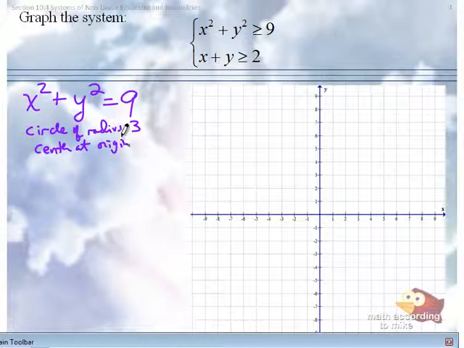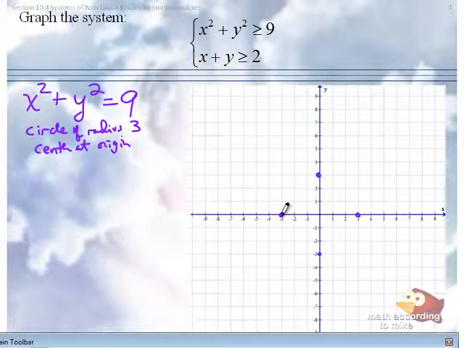At the origin. So that means if you were at the origin and you moved up, down, left, right 3 units, you'd be getting graph points on your circle. So this is pretty much what we did in 1.1.